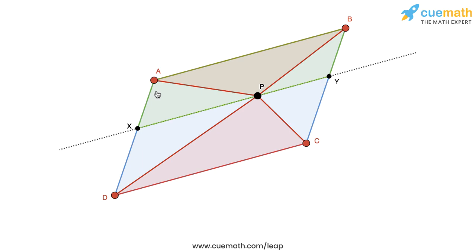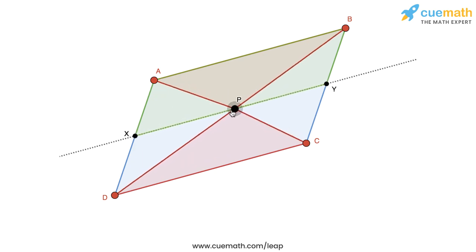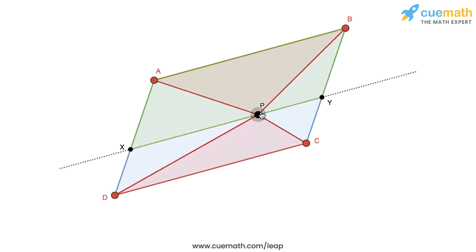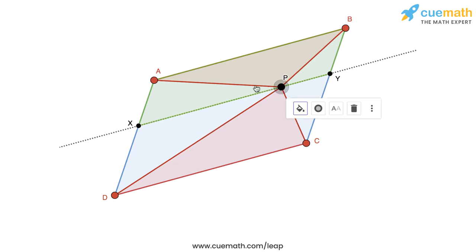So the area of triangle APB will be half of the area of parallelogram AXYB. So let's move around the point P and see if this always holds true. So we can see that no matter where P is inside the parallelogram, the area of triangle APB will be half of the area of parallelogram AXYB.